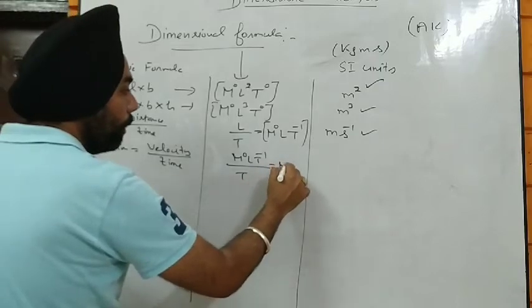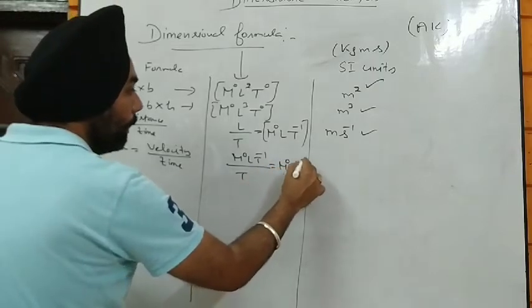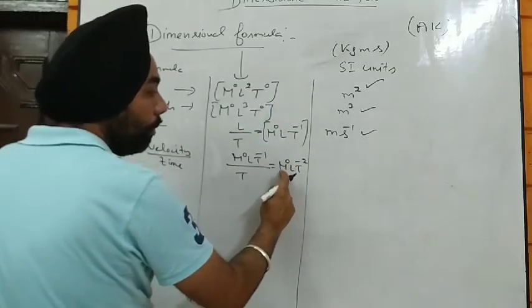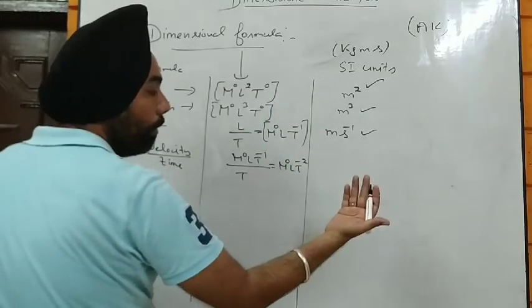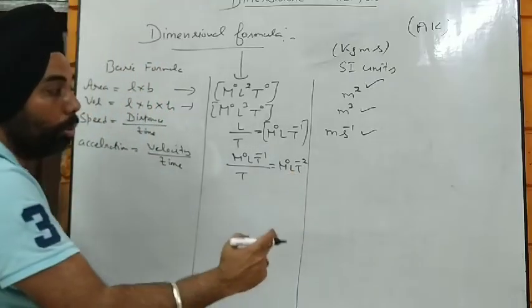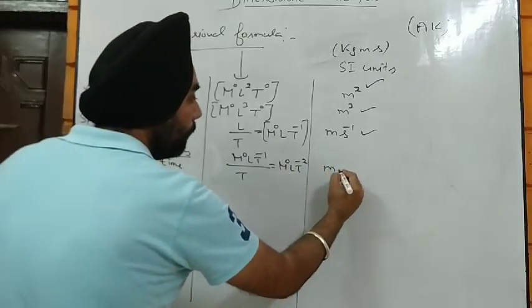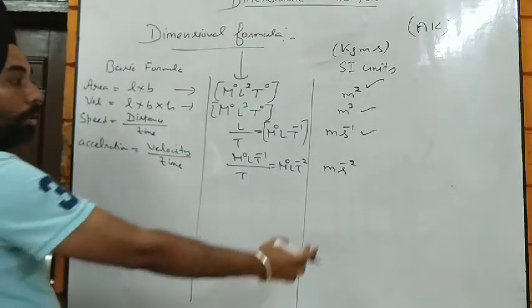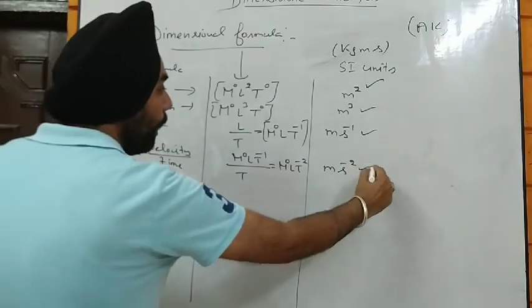So which means that is going to be M^0 L T^-2. Now in a similar format you can have no mass, so which means kilogram is having no power. Now that is going to be L, so meter. Now second is having a negative square, so which means meter per second squared are going to be the units for acceleration.